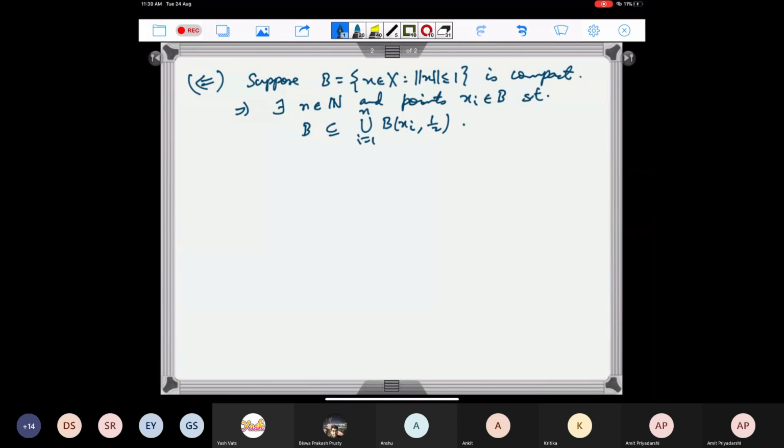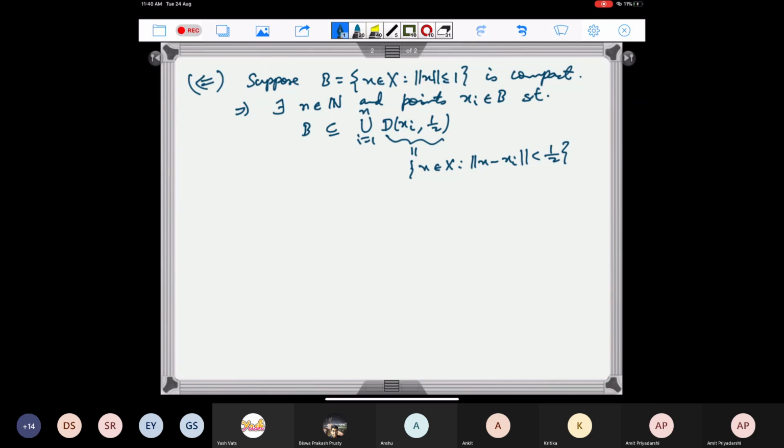So where this is the, I think we use other notation. So instead of B for the open ball, we used D, right? Because we are using B for the closed ball. So where this is the set of x in X such that norm of x minus xi is strictly less than half.